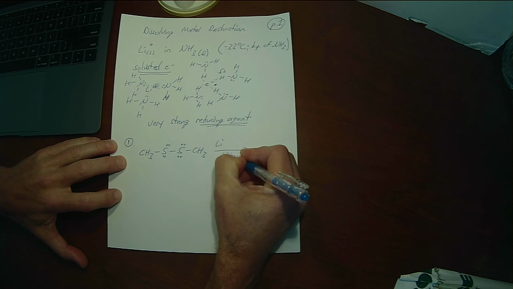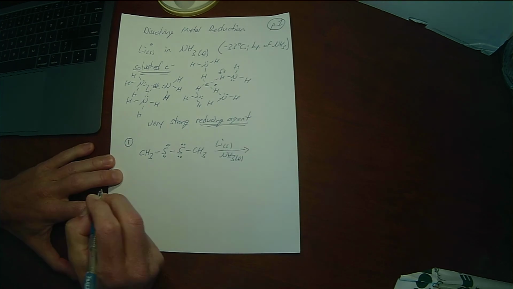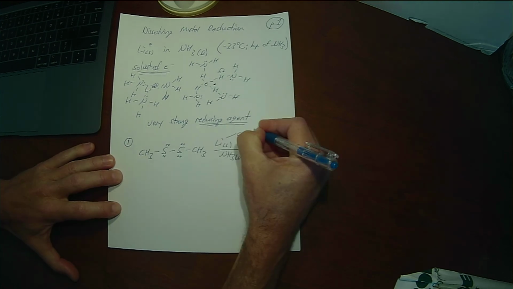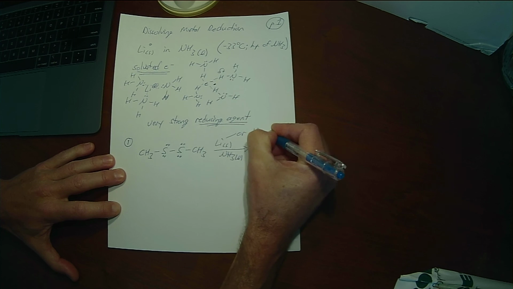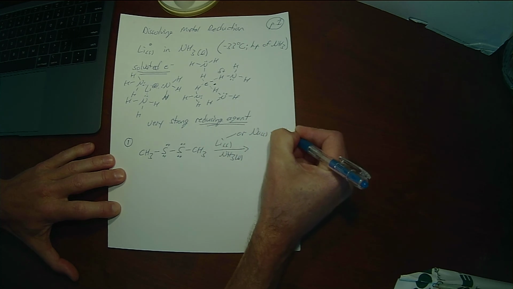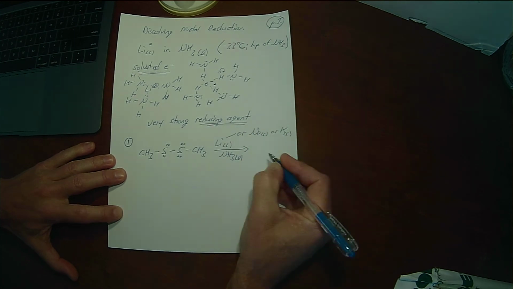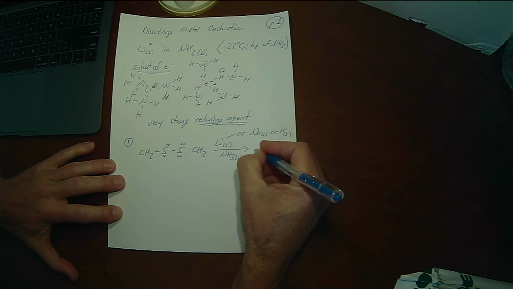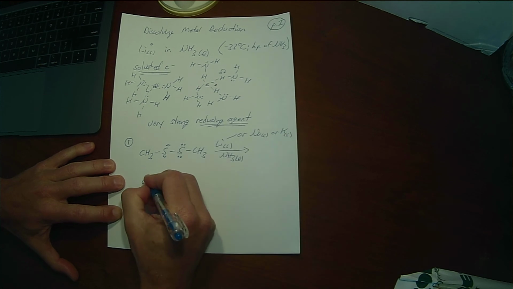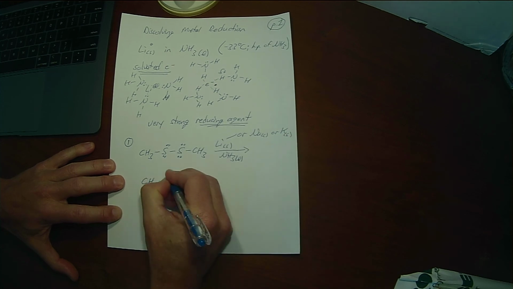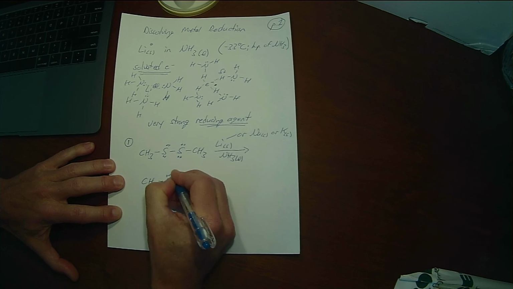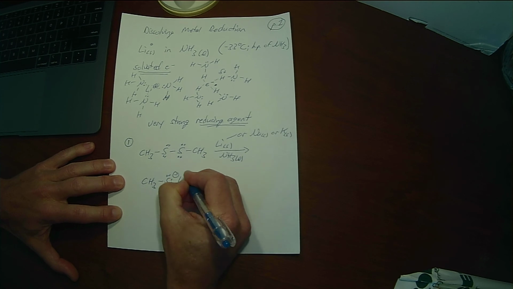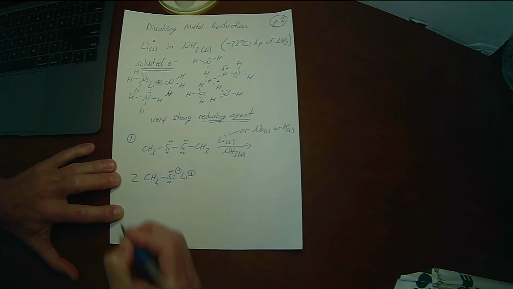I'm using lithium, but it doesn't really matter. You can use any alkali metal, sodium or potassium as well. Any of those will donate their electron to ammonia. And what you'll get out, in this particular case, is the lithium salt, two equivalents of that.